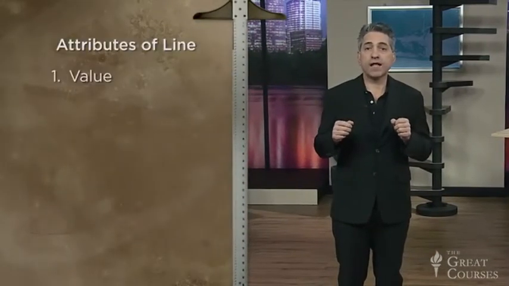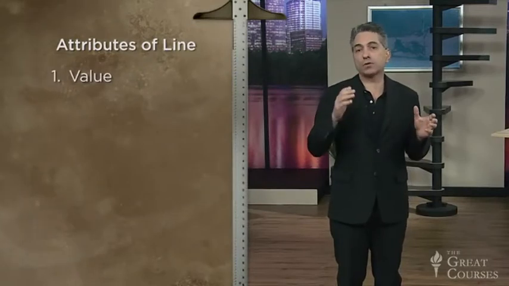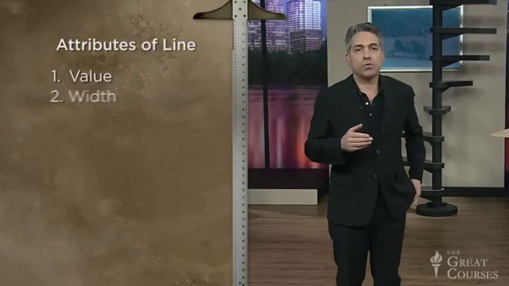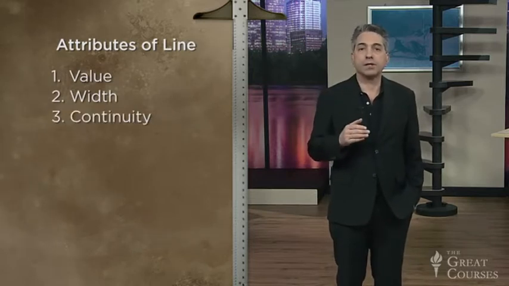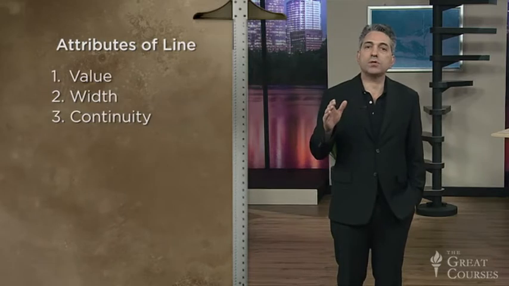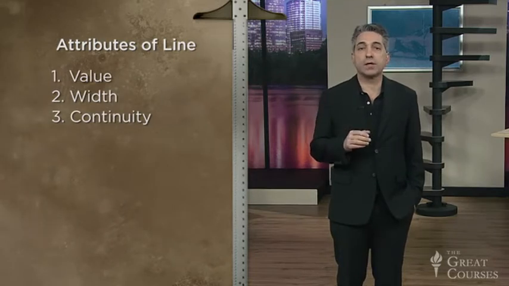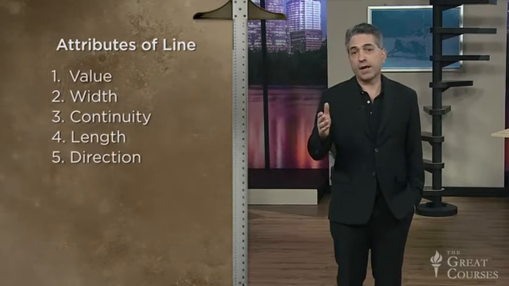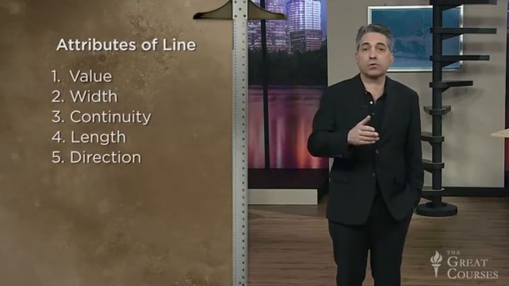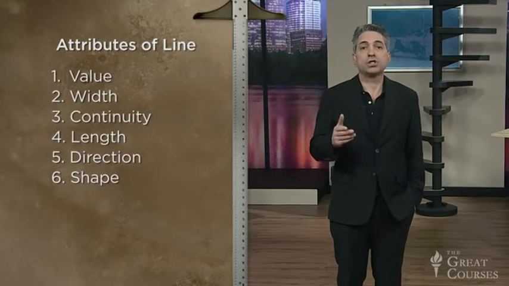The first is value. That refers to how light or dark a line is. Next, width. That refers to how thin or thick. Continuity. That'll refer to how continuous or discontinuous a line is. Length. How long or short. Direction. That'll refer to how horizontal, vertical, or diagonal. Shape.